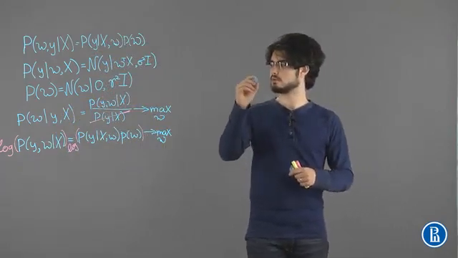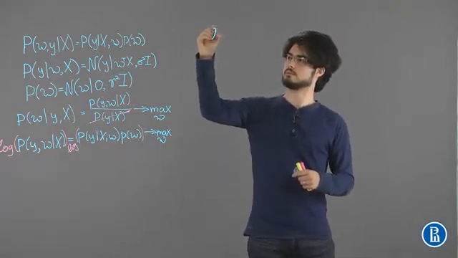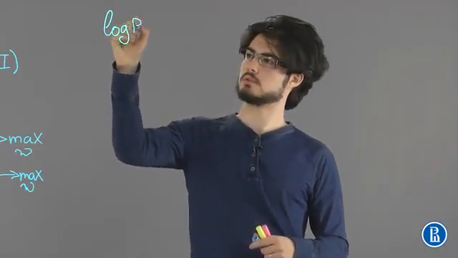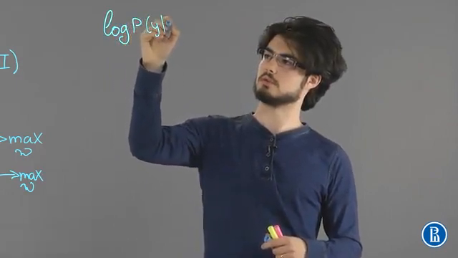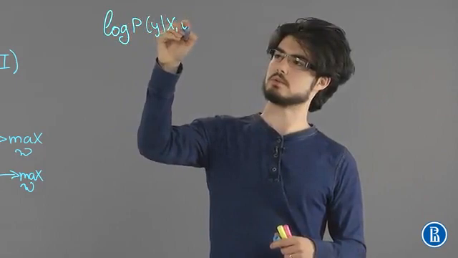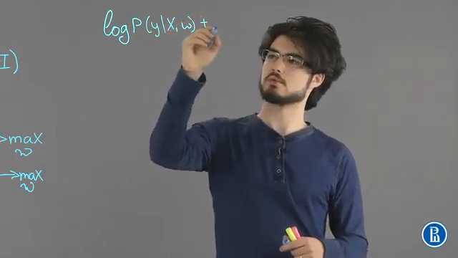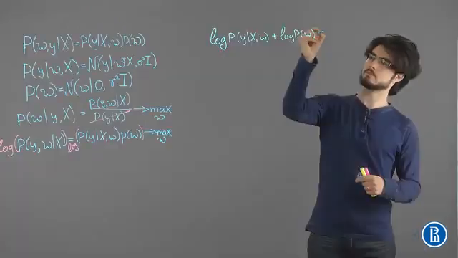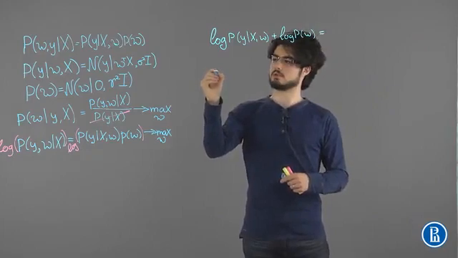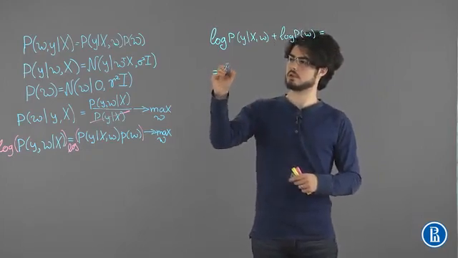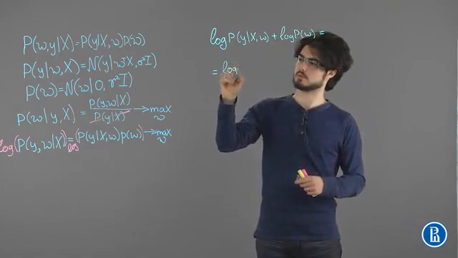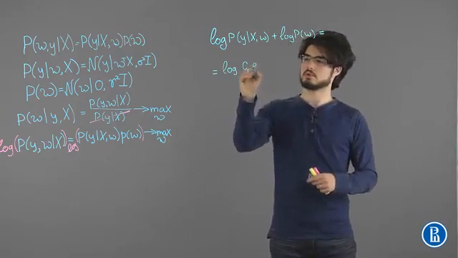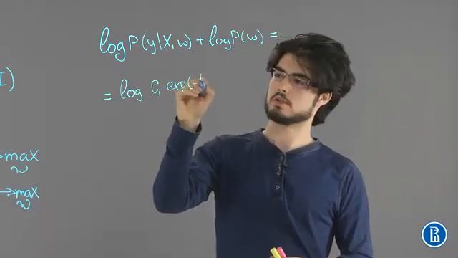So we have the logarithm of the probability of y given x and w, plus the logarithm of the probability of w. We can plug in the formulas for the normal distribution and obtain the following result. So it will be the logarithm of some normalization constant c1 times the exponent of -1/2.